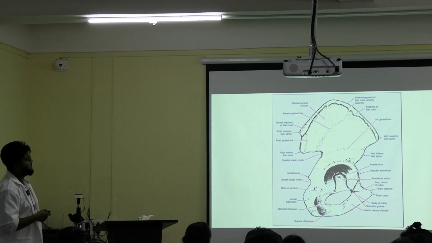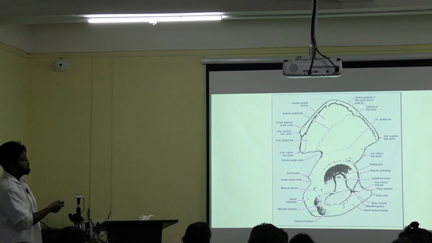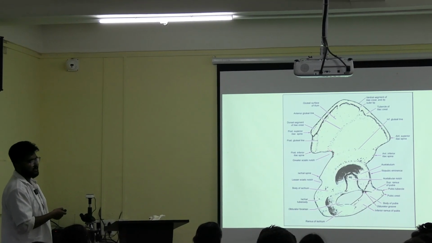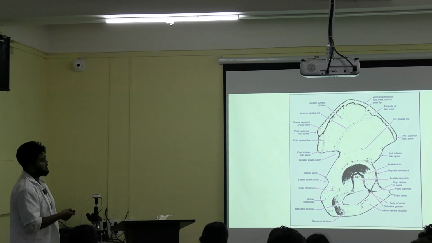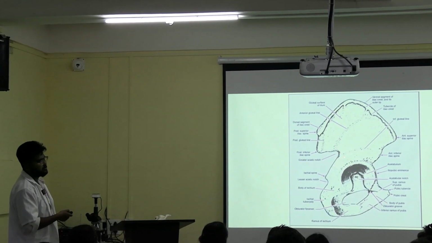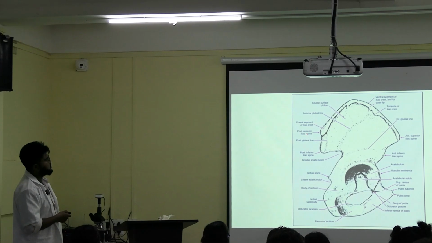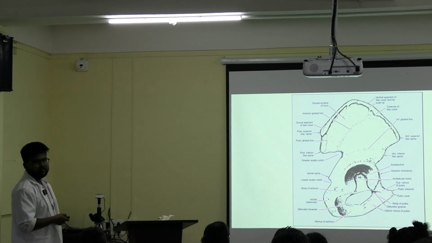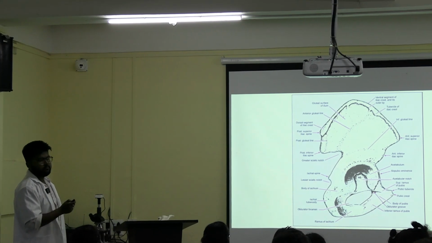Here you can see, this is the anterior gluteal line, from the tubercle of the iliac crest to the greater sciatic notch. And another is from the anterior inferior iliac spine to the greater sciatic notch. This is called the inferior gluteal line. So by the presence of the posterior, anterior and inferior gluteal lines, the gluteal surface is divided for four muscles.